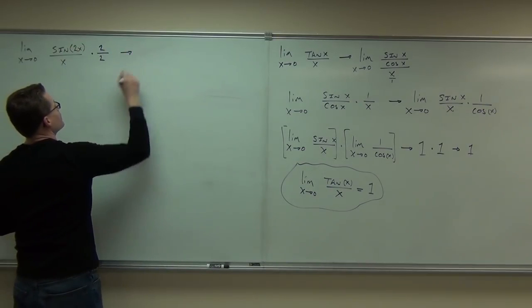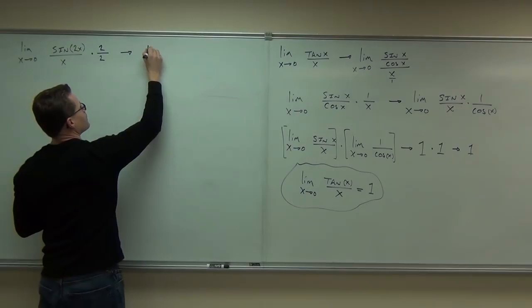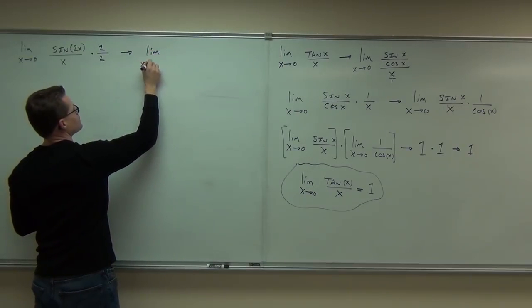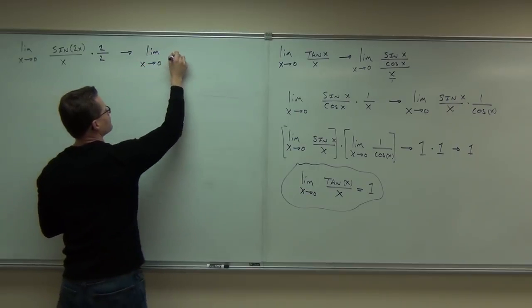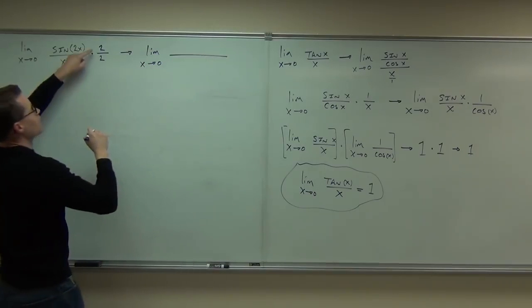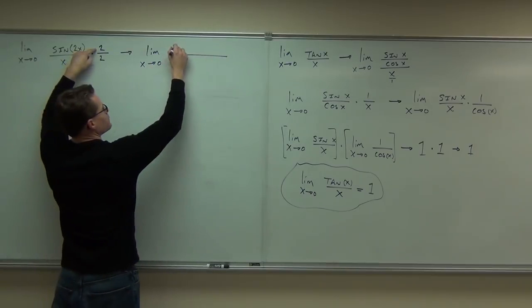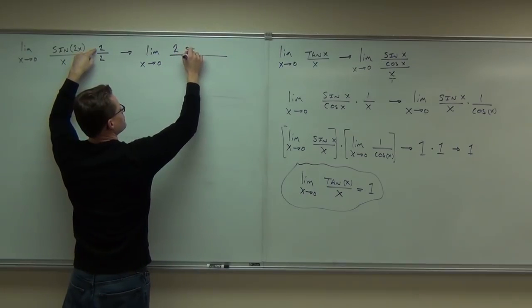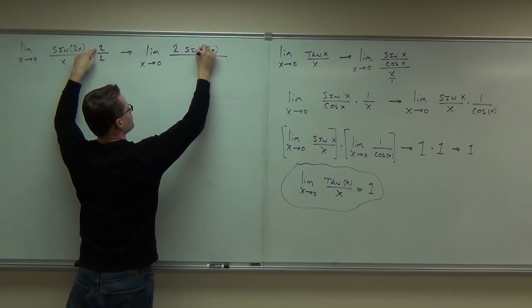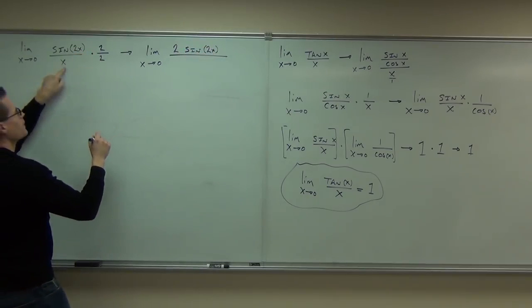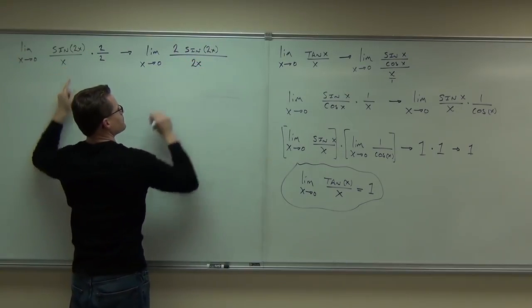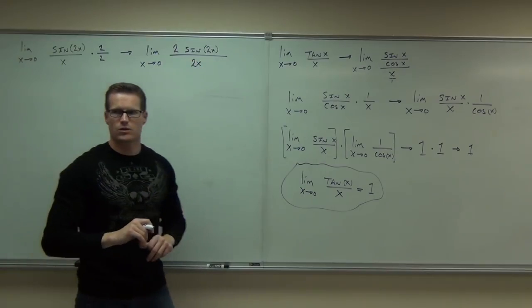So what I'm going to do is I'm going to say, all right, let's be smart about this. Now this 2, maybe I put it in front of my sine. But this 2, let's make that 2x. You okay with that so far?